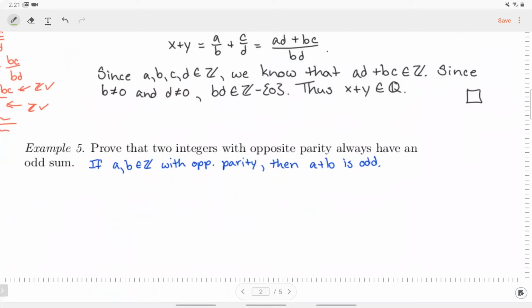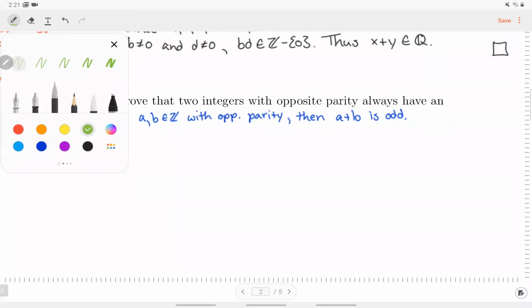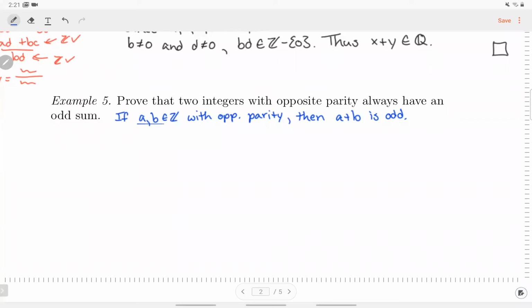Okay. So let's look at this one. If a and b are integers with opposite parity, then a plus b is odd. Okay. So here is what I'm going to assume. Here is what I need to show. Let's do our scratch work.